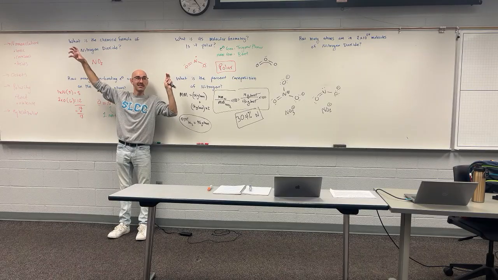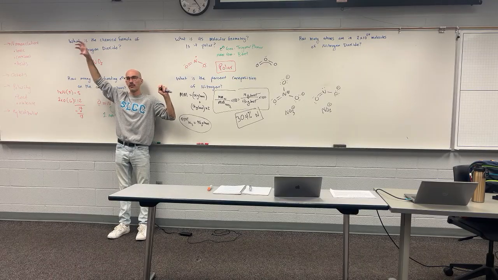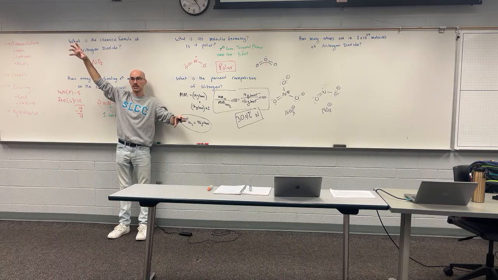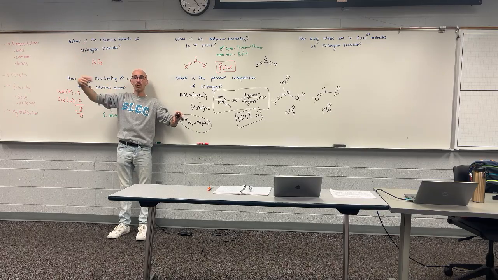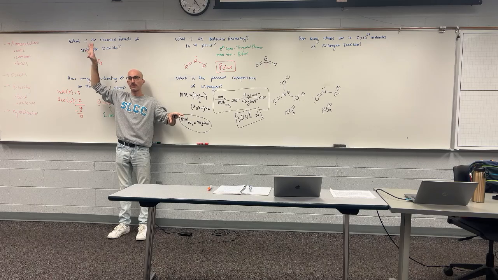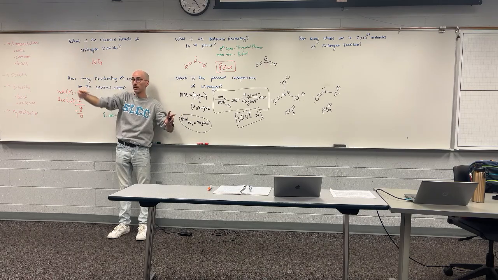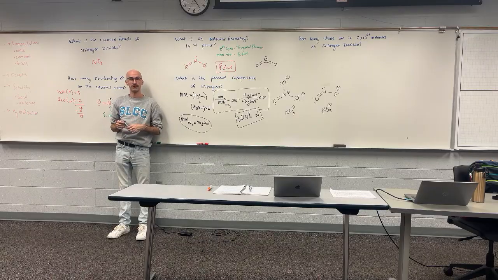molecules or things, particles of NO2, and we want to get to the other side, particles of atoms, which means I have to convert through a mole-to-mole ratio. There's no way to convert particles of one thing into particles of another without going through a mole-to-mole ratio.